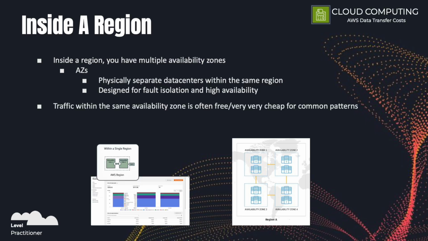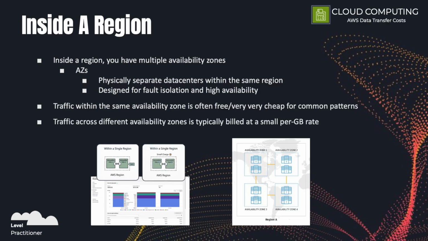This is often free or very, very cheap for common patterns. The next one is traffic across different availability zones in the same region. Cross-AZ communication is typically billed at a small per gigabyte rate, which can add up if services are very chatty. So the main point here is same AZ is the cheapest, cross-AZ is still on the AWS network but slightly more expensive.